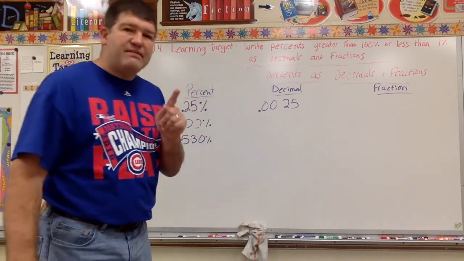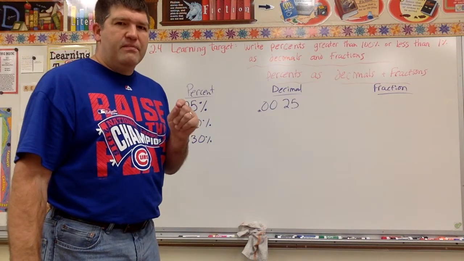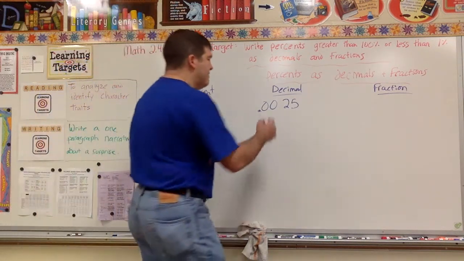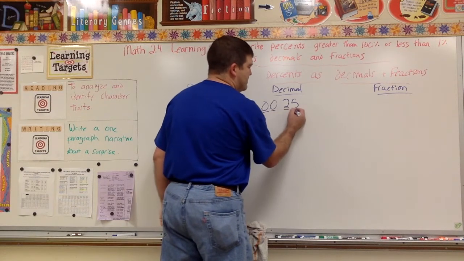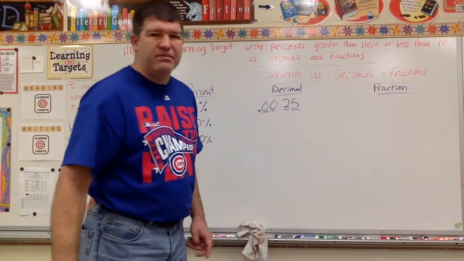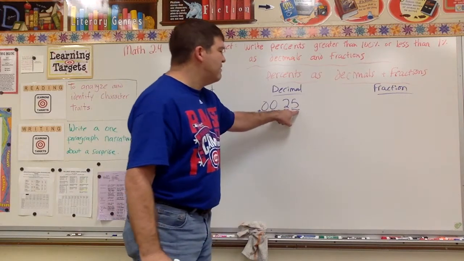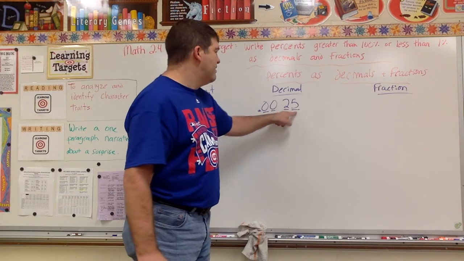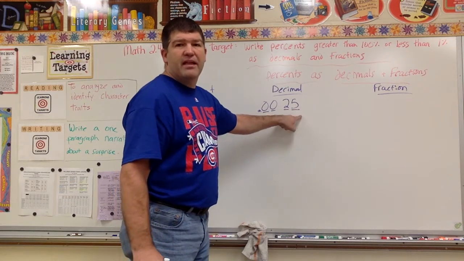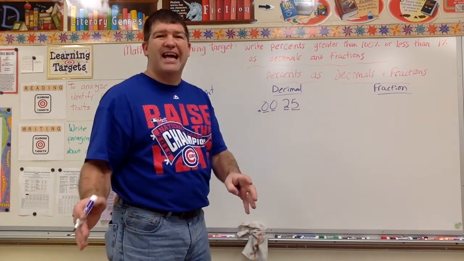Now that I have it in a decimal form, I can put it in a fraction because I know the place value. Place value is key on this. Tenths, hundredths, thousandths, 10,000ths. So you go to the farthest one away from the decimal, and you say what that is. That place value is my 10,000ths.